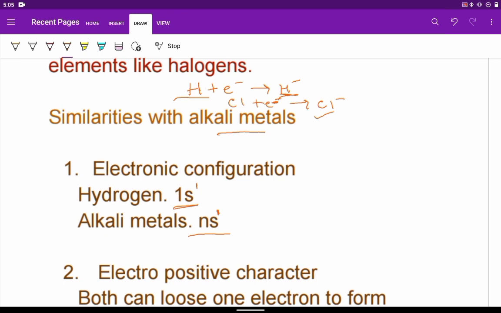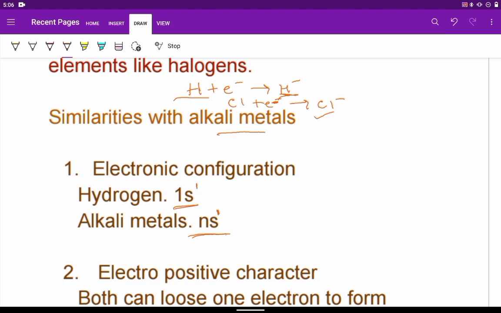The general electronic configuration of alkali metals is ns1, where n represents the main shell number, like 2s1, 3s1. It depends upon which shell it is. Hydrogen is 1s1, and alkali metals from 2 onwards, so n represents the main shell number.